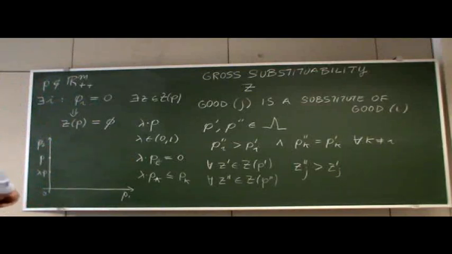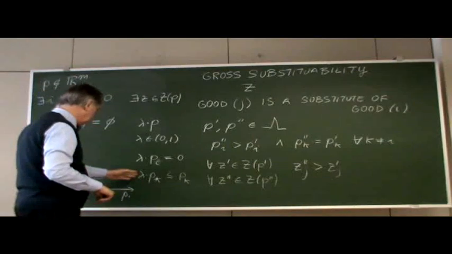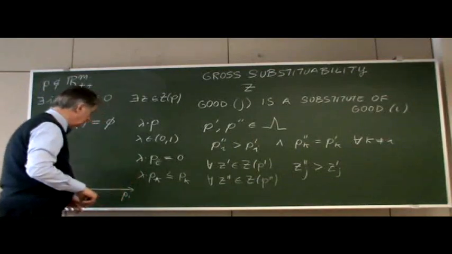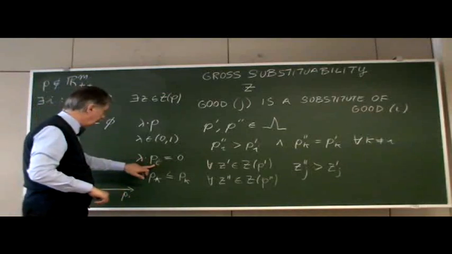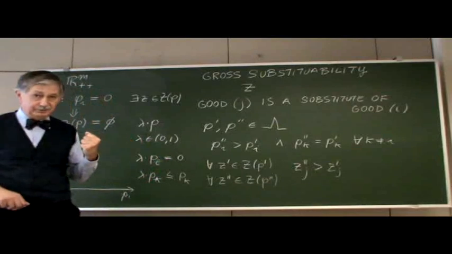So, what happens to the demand of good I in this case? The demand of good I must decrease. Why? Because the price of good I remains unchanged, and some other prices diminish.